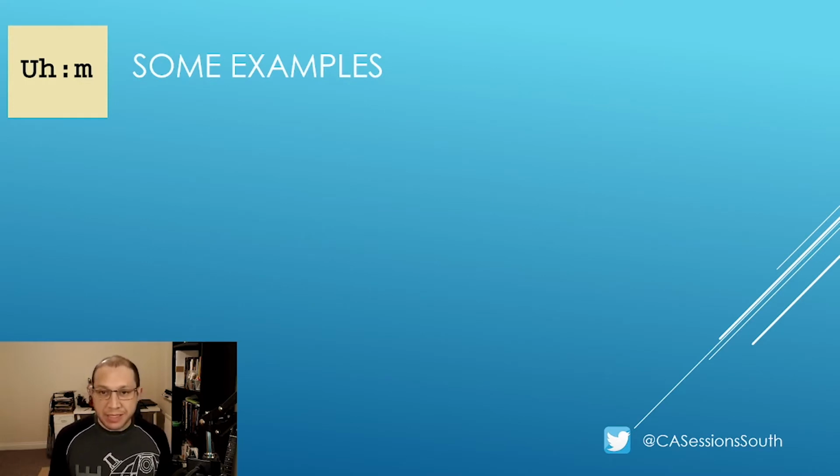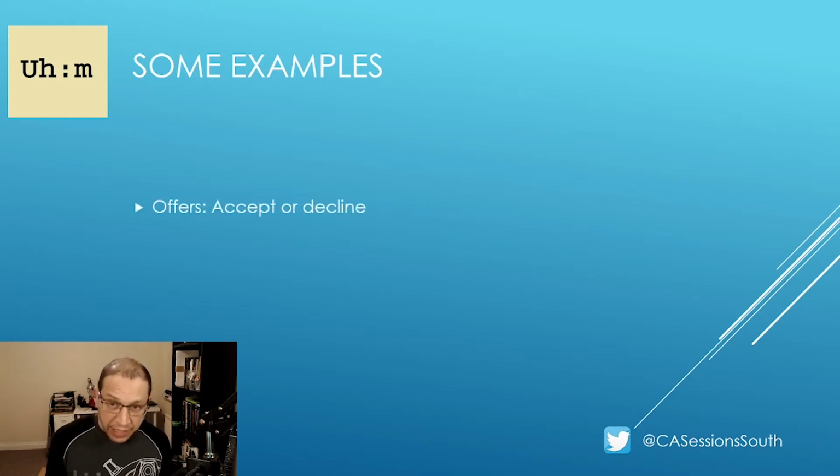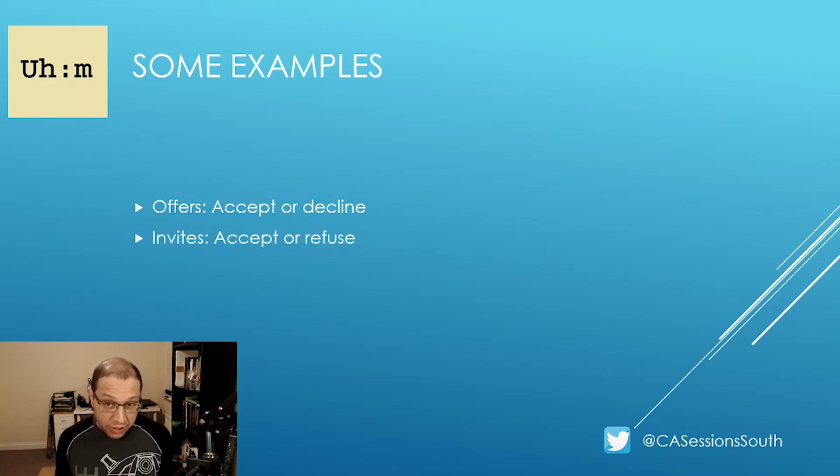Now, here are some examples of initiating actions that can have face implications. In making an offer, a recipient can accept, which can be seen as a validation of a person making the offer, or they can otherwise decline it. In making an invitation, a recipient can accept or refuse with the same implications.